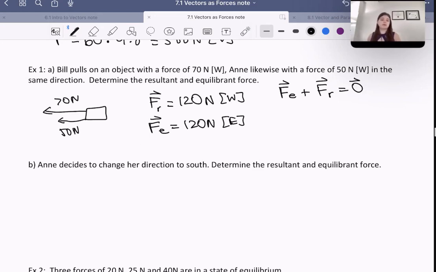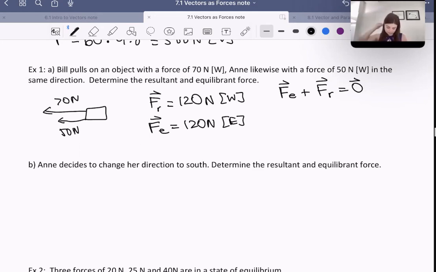Then both would be pulling really hard, but this object wouldn't move. What if we did 121? Then it would be moving slightly to the right. Let's say he only did 119 to the east. It'd be moving slightly to the left then. So it's all about what force would neutralize this. What force would cancel out the force that we already have and make it so that the object stays still? So that's what we mean by that.